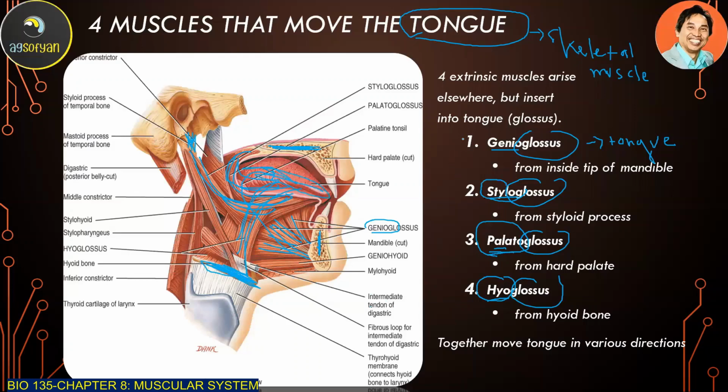So again, there are 4 skeletal muscles that control our tongue movement. Genioglossus, originated from the mandible. Styloglossus originated from the styloid process. Palatoglossus originated from the palatine. And hyoglossus originated from the hyoid bone over here.